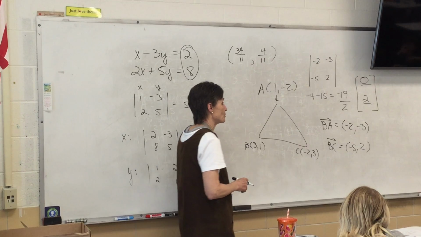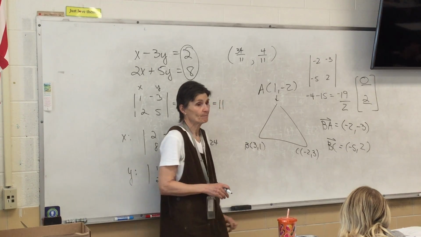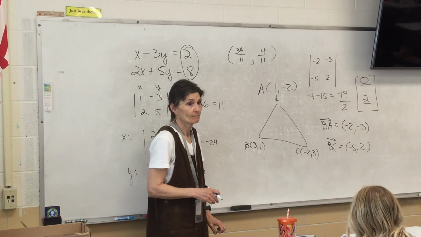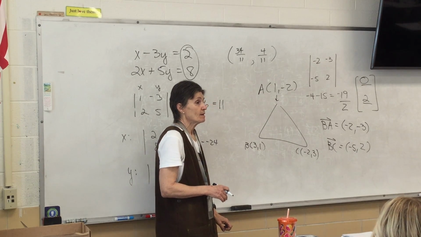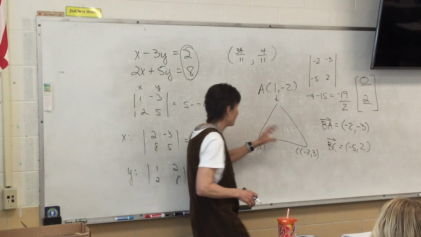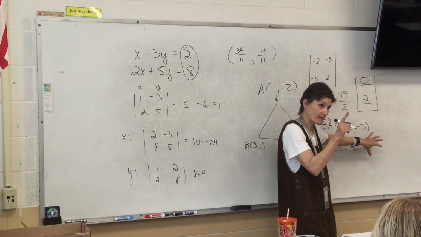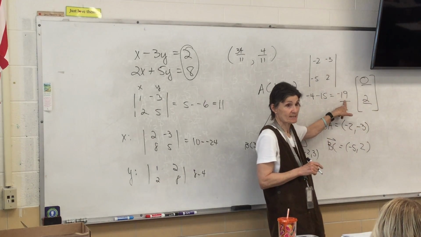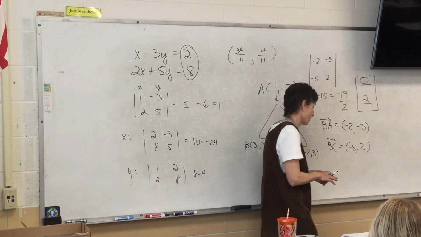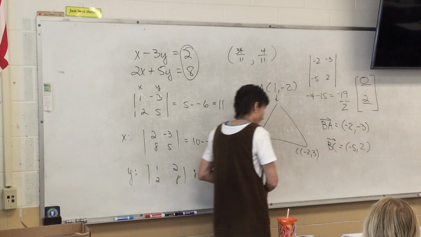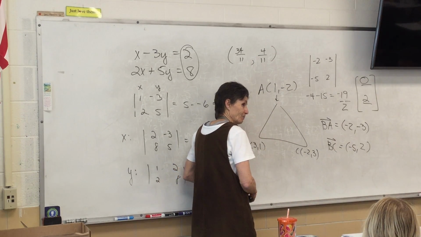So what vectors did you use? Yeah, I got the same thing, I just used different vectors. So his question was, if I use different vectors, my numbers are going to be different, and you're right, but the determinant's going to be the same. Either 19 or negative 19, it's going to be the same.